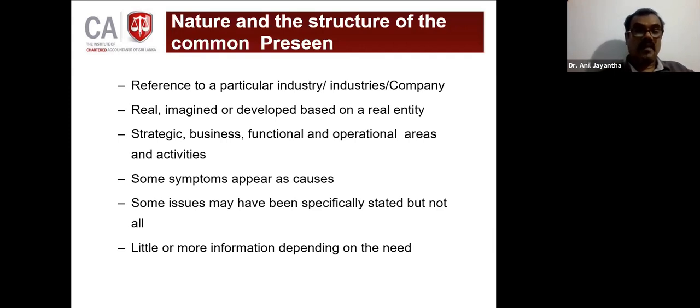Then the nature of your pre-seen is strategy, business, functional, and operational areas. Mainly when we take an organization, in the past there was a dominant argument from only a functional point of view. Leaders of functional domains tried to propagate and promote the idea that their particular function is the most important.